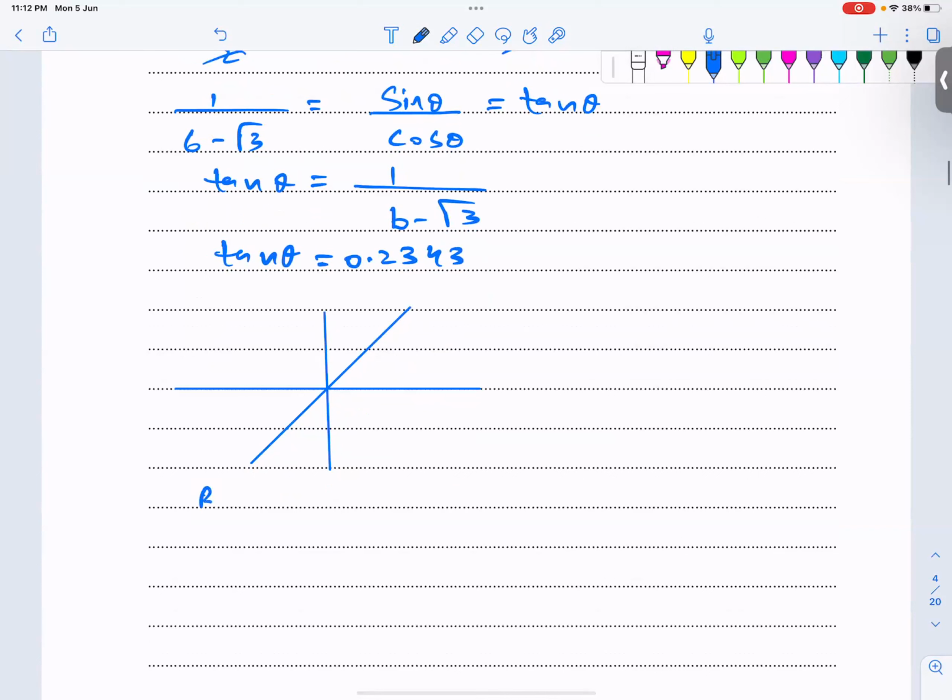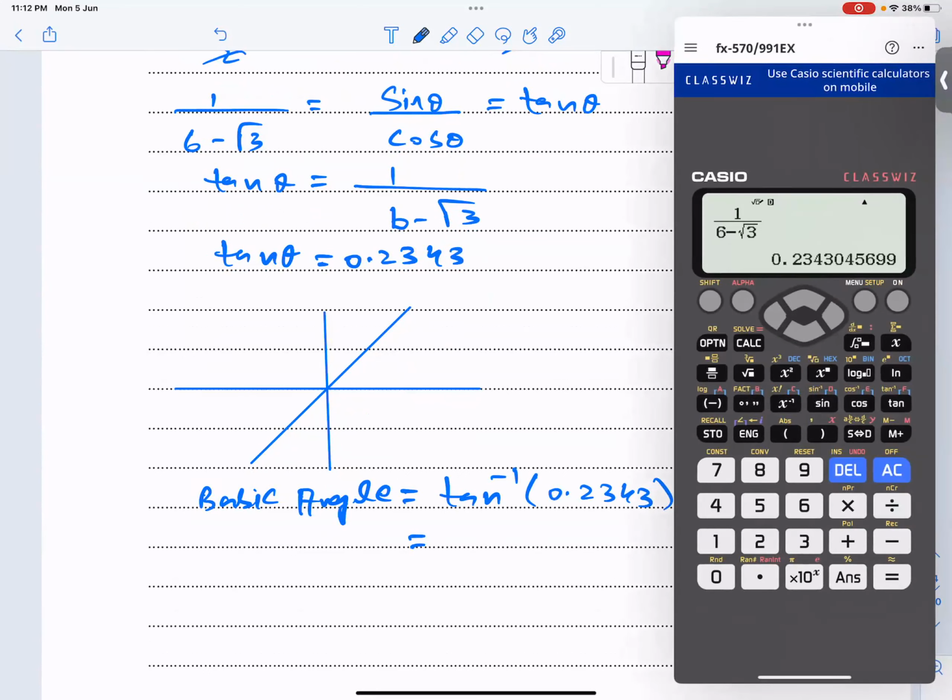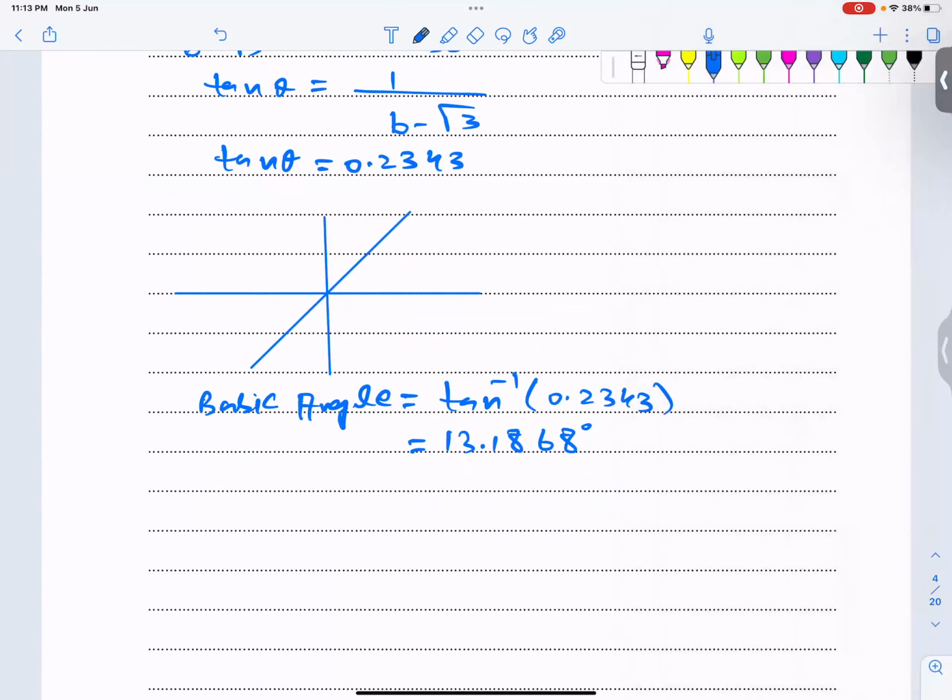Now for the basic angle, you can take the inverse of 0.2343. This will be shift tangent inverse of answer. You will have 13.1868 degrees. Okay, now this is the possible answer and this is the second possible answer.